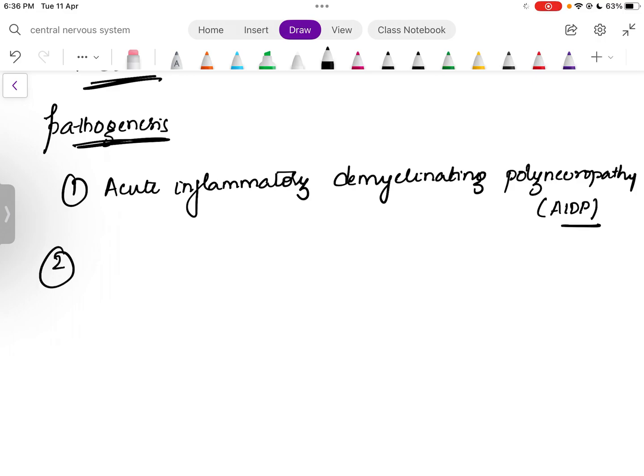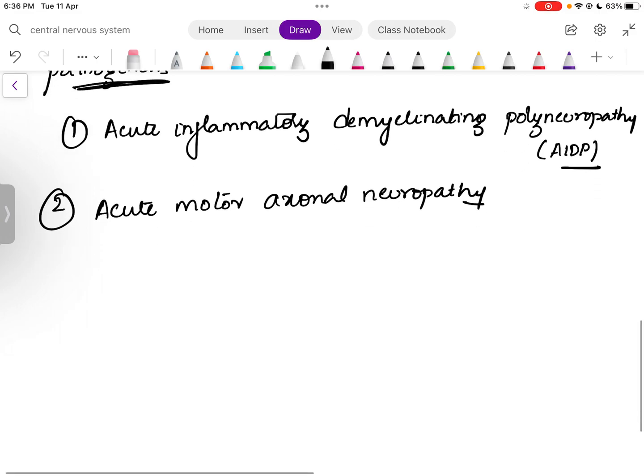Second is acute motor axonal neuropathy, called AMAN.